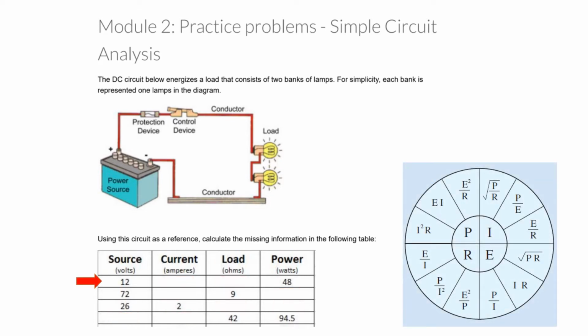I am going to demonstrate how to solve a problem using the first row and using the power and Ohm's law wheel. First, we're going to solve for the value of current.